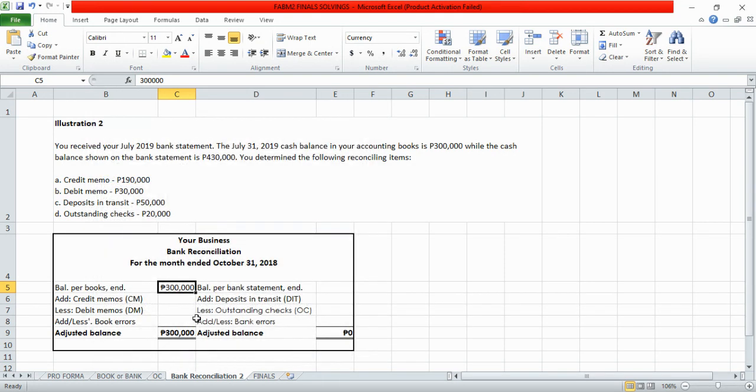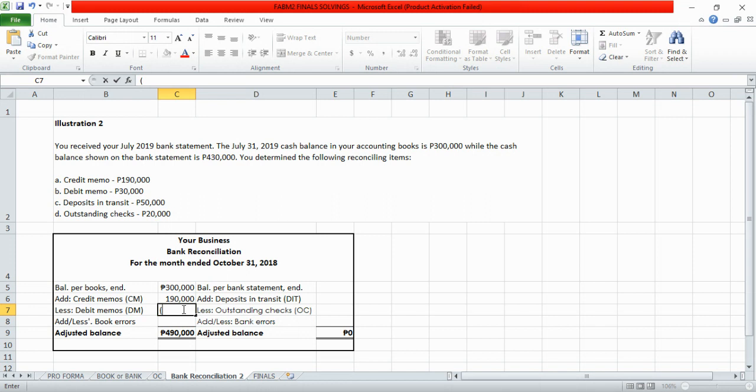Next, let's proceed to our credit memo. How much is our credit memo? That is 190 pesos. And for our debit memo, that is a deduction, so that is less. So don't forget to put parentheses, okay?